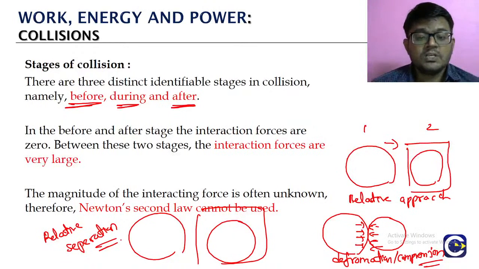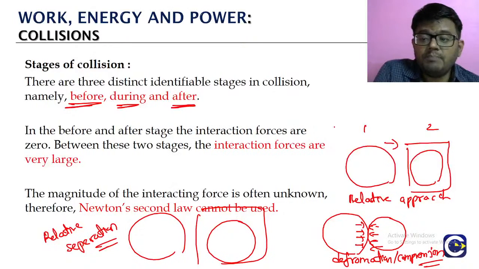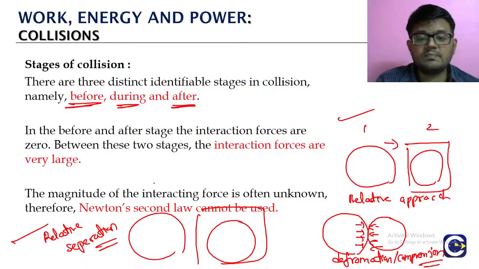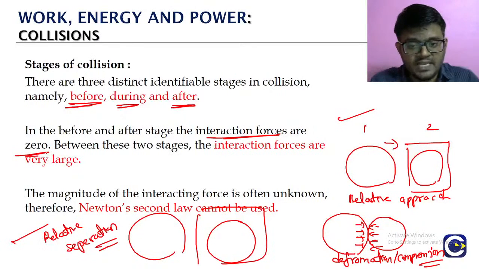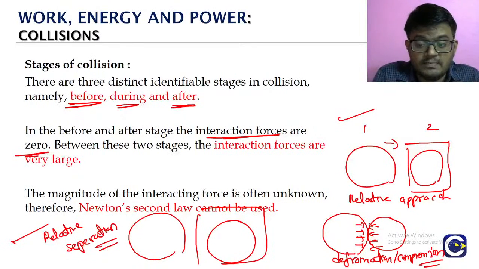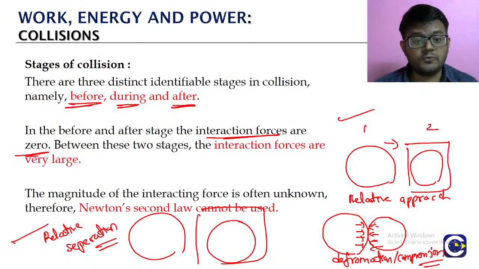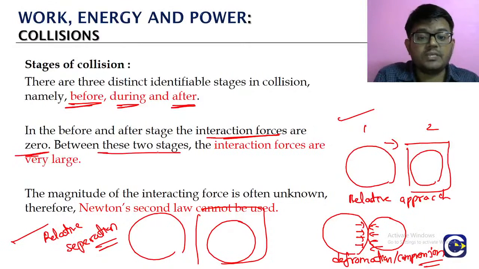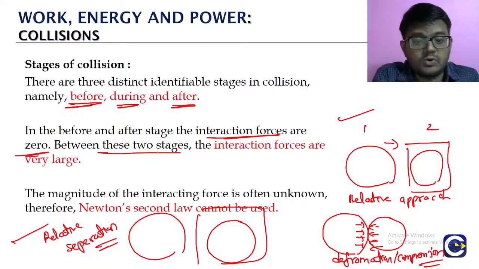If you look at the before stage and after stage, the interaction forces will not be present. The interaction forces will act only during the collision time. So between these two stages, before the collision and after the collision, what is there in the middle? The during the collision stage.